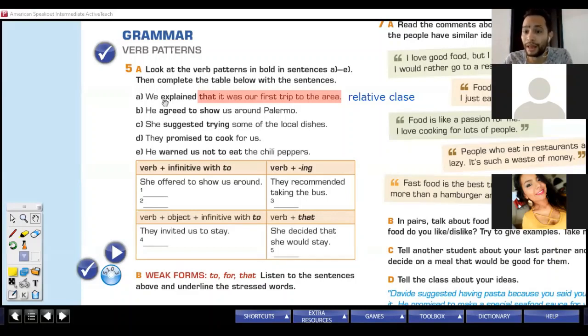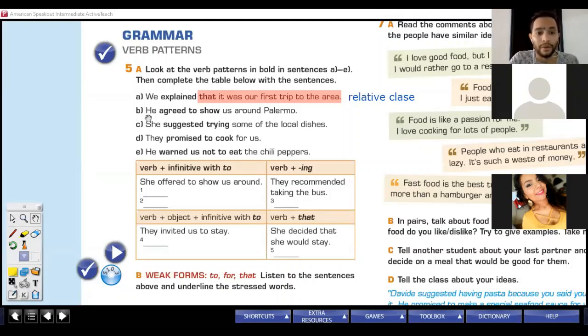And when we use that, we use a relative clause. Now, the sentence B, oh, by the way, before going on to B, is this clear, guys? Like A, the explanation on A, is it clear? Yes. All right, so let's move on to the next one.